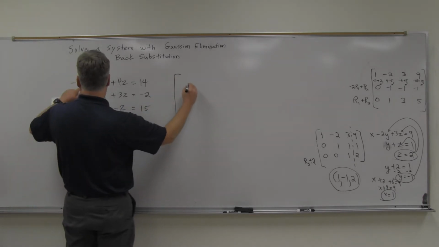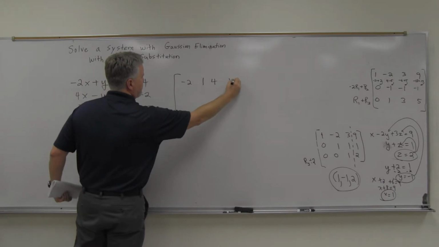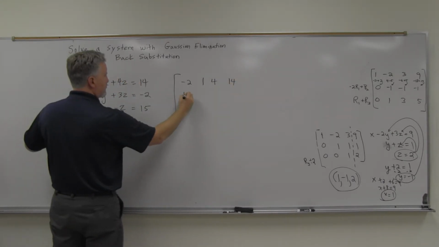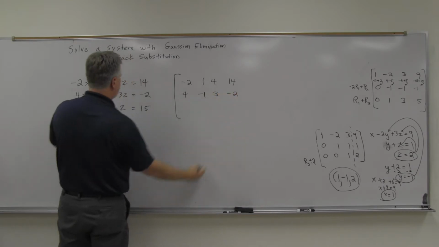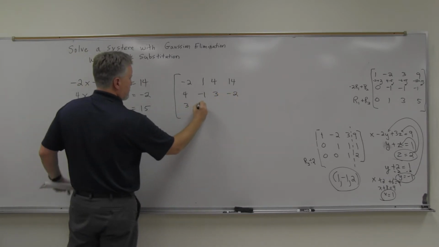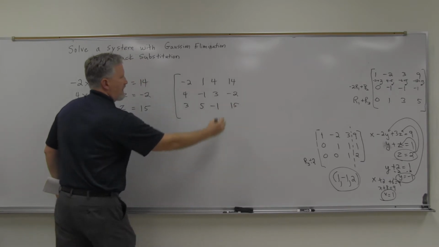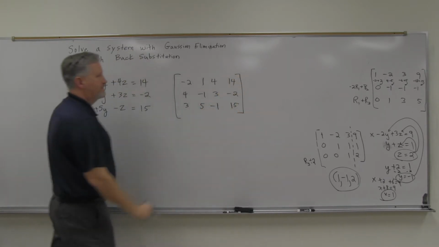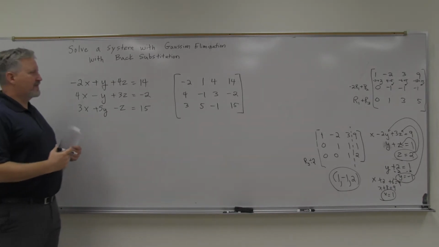Okay, so negative 2, 1, 4, 14. 4, negative 1, 3, negative 2. 3, 5, negative 1, and 15.